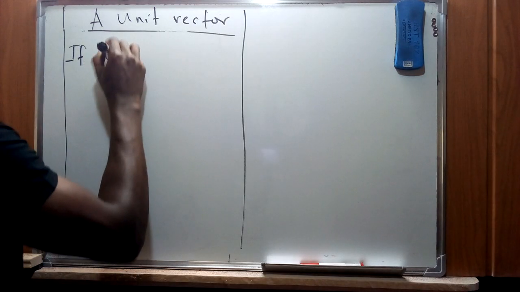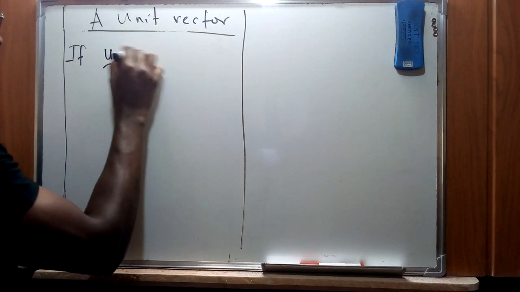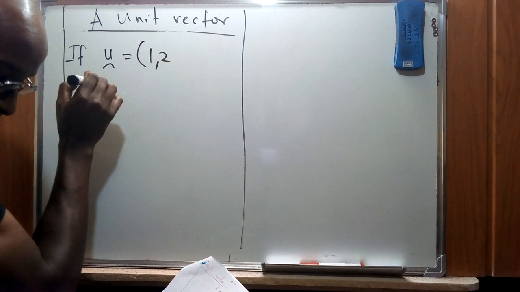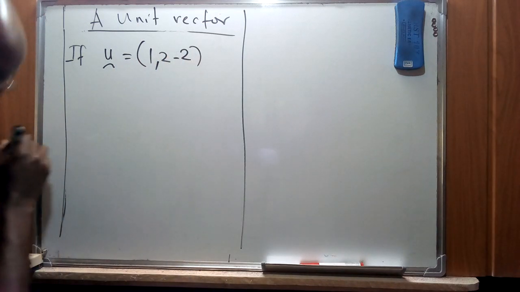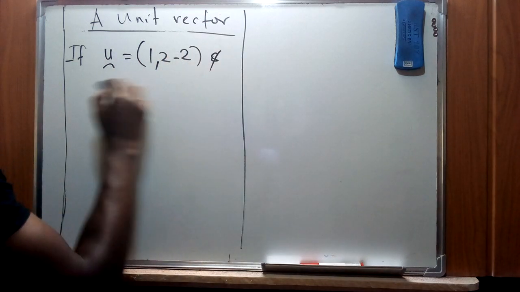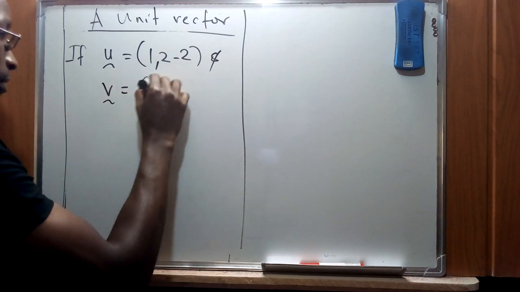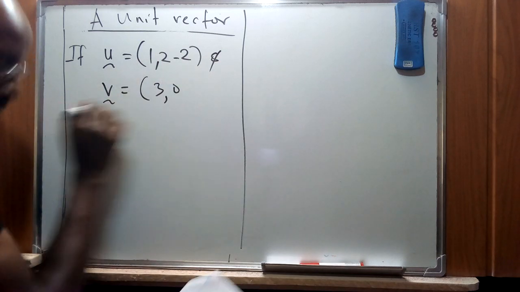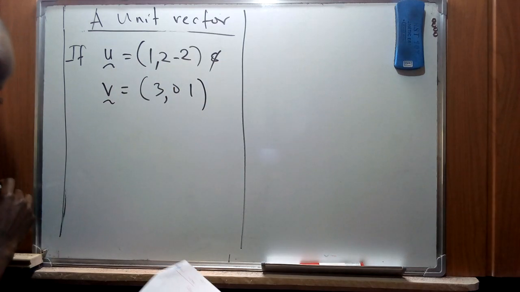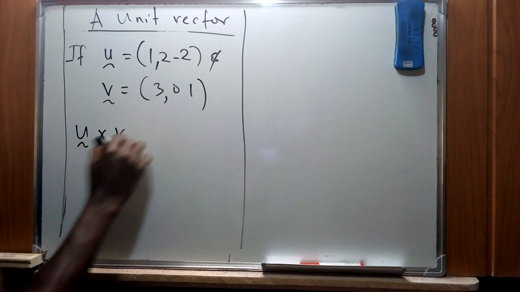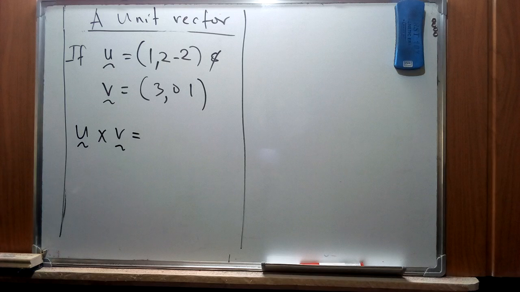So suppose I have a vector u, which is (1, 2, -2), and then I have another vector v, which is represented by (3, 0, 1). Suppose I'm asked to find the cross product for these vectors.